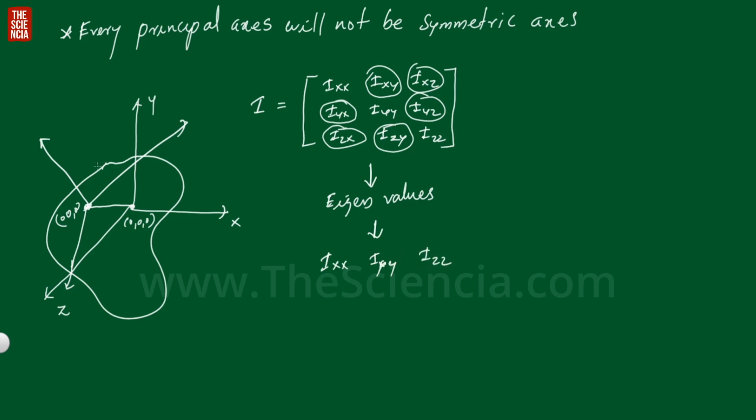But you see, this is an irregular body, and that body doesn't have any axis of symmetry. But we got principal moments of inertia. That is why I am telling you every principal axis will not be a symmetric axis. So these moments of inertia are about these axes, right? Principal axes. But every principal axis will not be a symmetric axis.